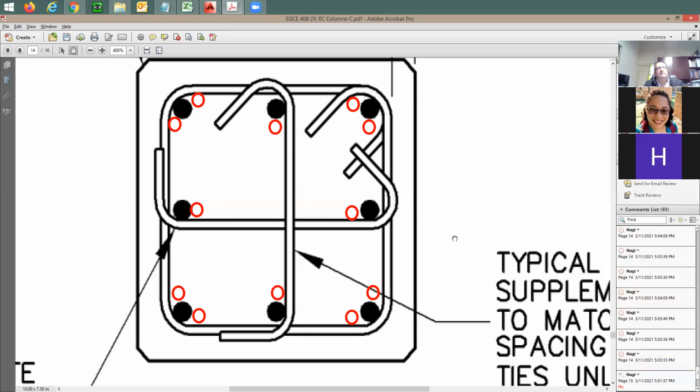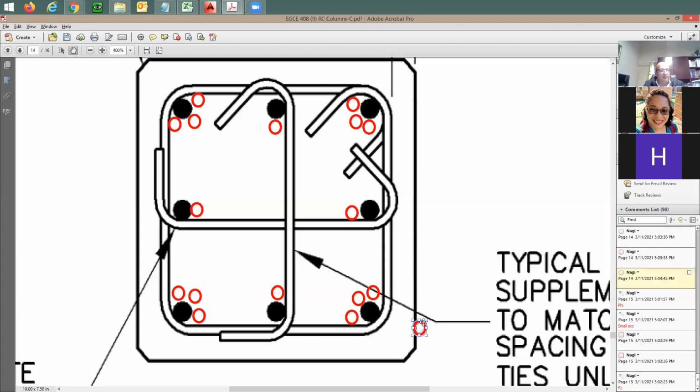How many do you have now? 20. All right. Can I do something like this here? I'm just showing you here what's going to be the layout of the rebars, right? Because you'd like to add more rebars. How many rebars now? 24. Can I add 4 more?